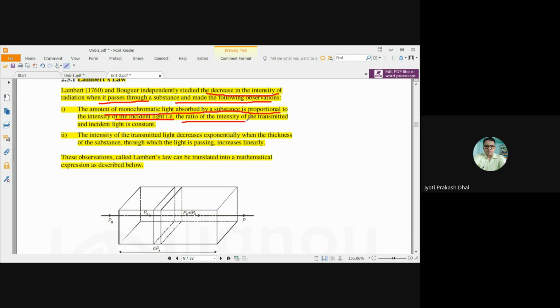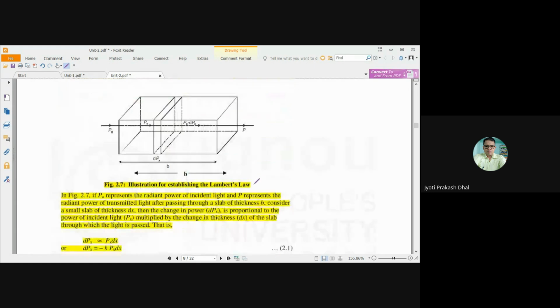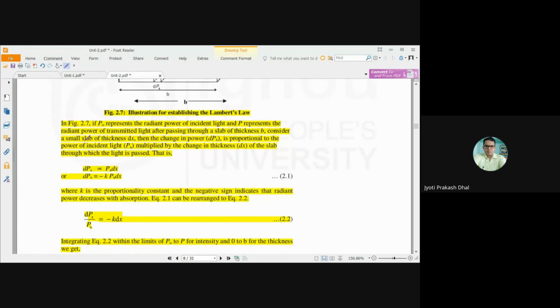That means the ratio of the intensity of the transmitted and incident light is constant. Second, the intensity of the transmitted light decreases exponentially when the thickness of the substance through which the light is passed increases. So if the thickness of the substance increases, the intensity of the transmitted light decreases exponentially.